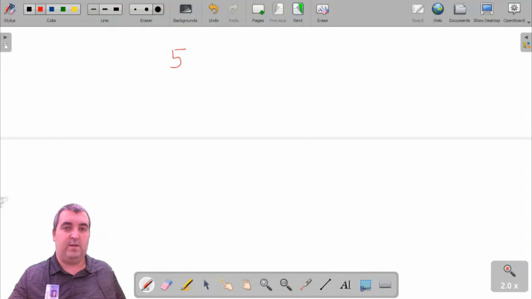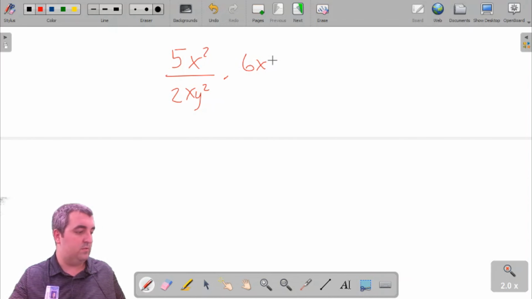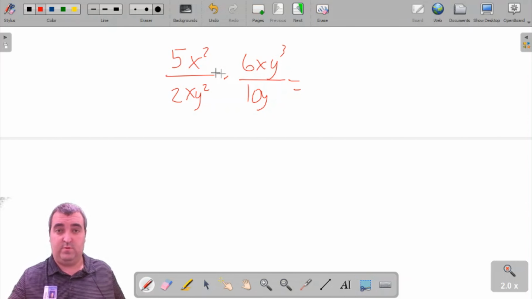So let's say we have 5x squared over 2xy squared times 6xy to the third over 10y. So now I'm going to multiply these together, but when I do that, the numbers, I'm actually going to multiply them together, but I'm also going to factor.